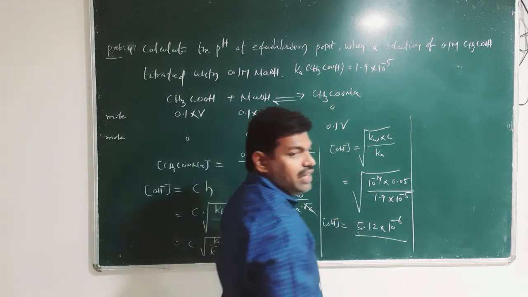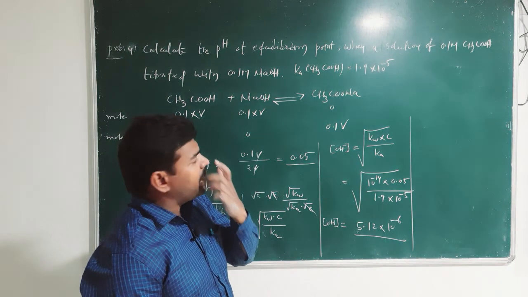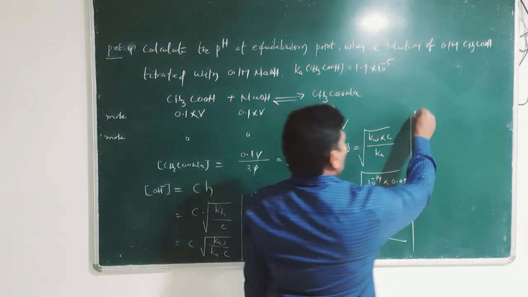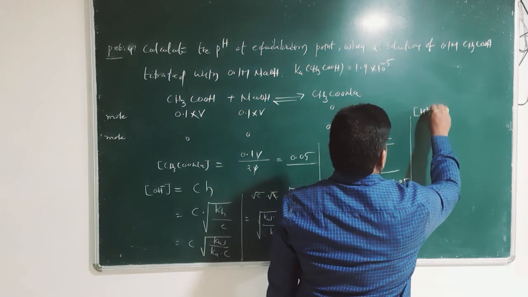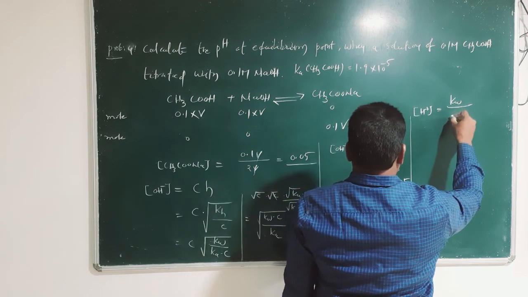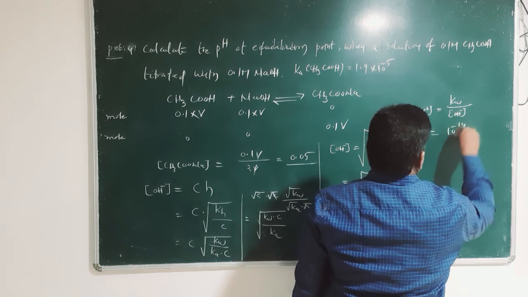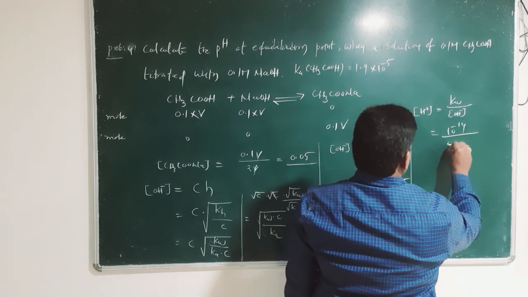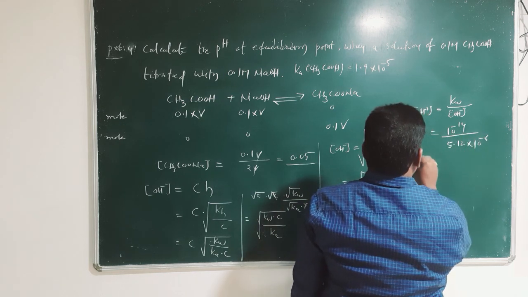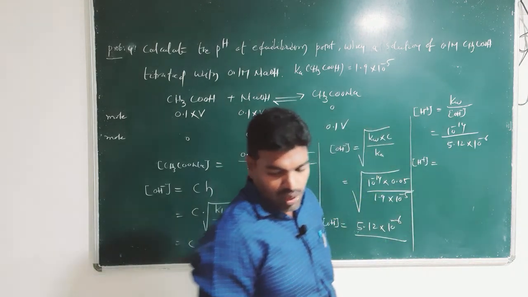When we need to calculate the pH, we require the concentration of H plus ions. So concentration of H plus ions is equal to Kw by concentration of OH minus ions. So 10 power minus 14 by 5.12 into 10 power minus 6.